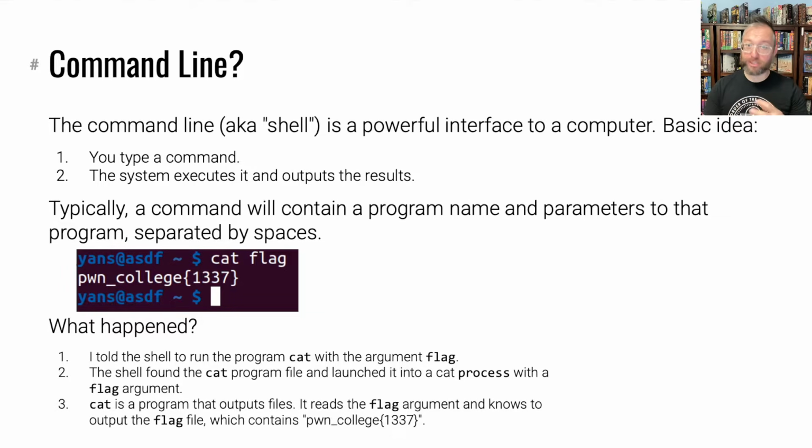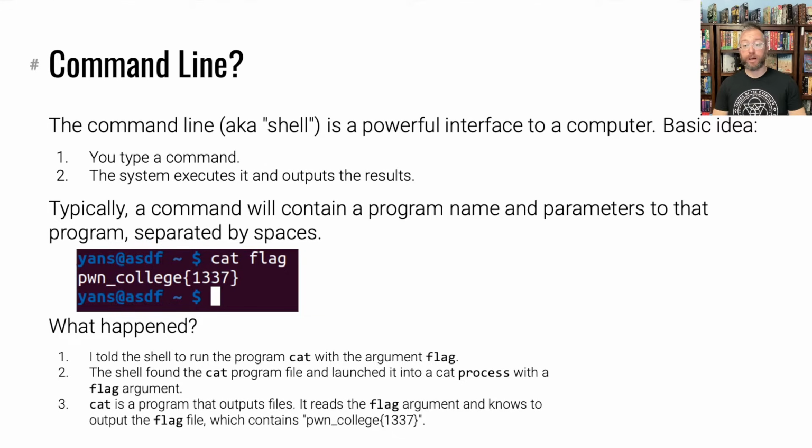Typically, a parameter to a command is also called an argument. That's a synonym. Again, silly historical reasons: parameters, arguments. If we type cat space flag, what happened here? We invoked the cat program with a parameter of flag, and the cat program, which in Linux reads a file and outputs it to the terminal or to other places, as you'll find out throughout this Linux material that we have, will read that flag file, the file called flag, and output it.